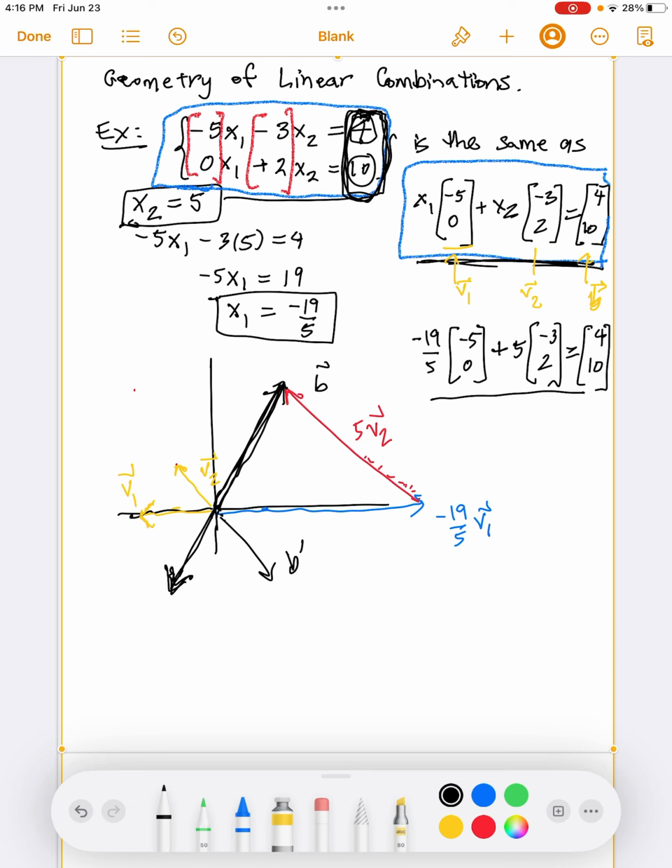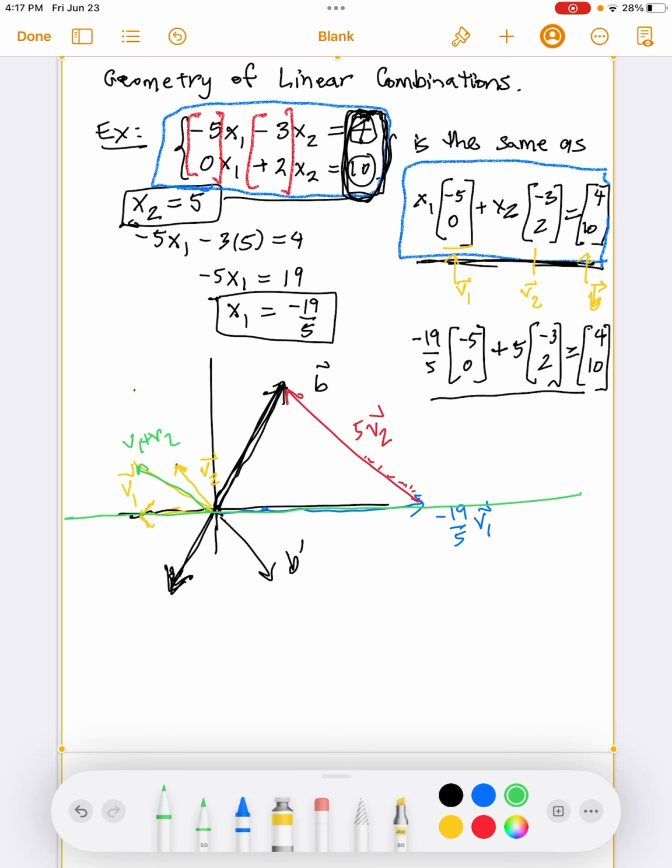In fact, if you think about all the linear combinations of v1 and v2, if you do v1 plus v2, you're going to get this vector. I'll do it in green. This vector would be v1 plus v2. If I take all the scalar multiples of v1, I'm going to get this line.